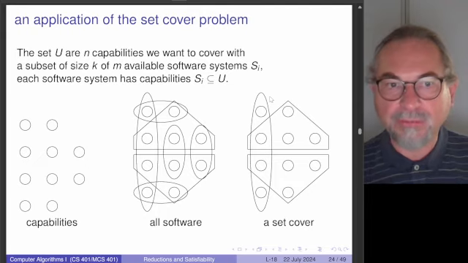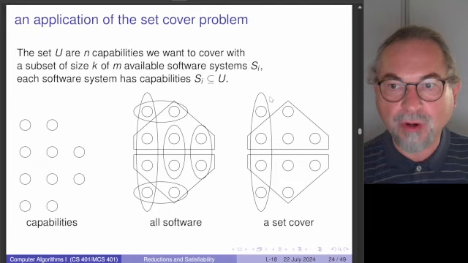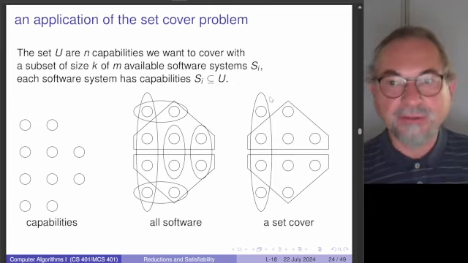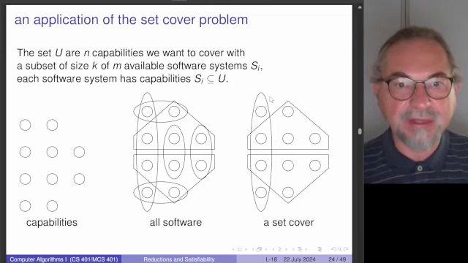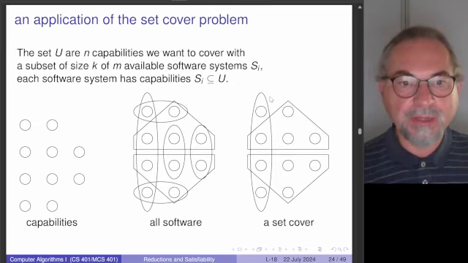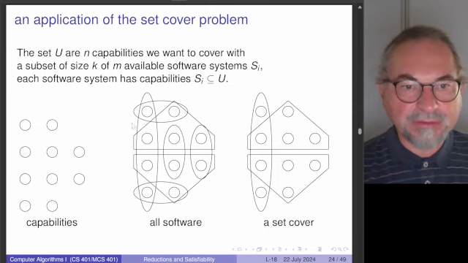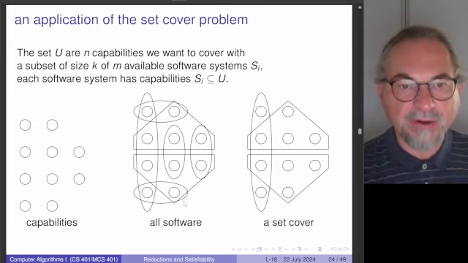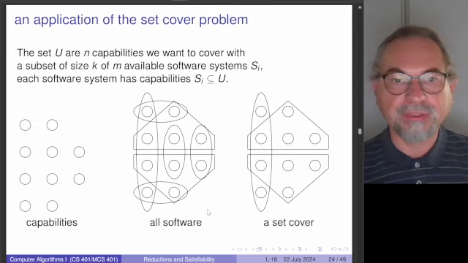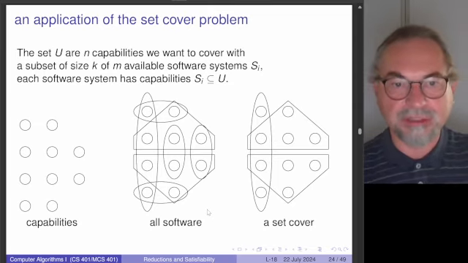Assume that you have a number of capabilities that you want to cover. There are certain tasks that you need to be able to do, and you have software packages that have the capabilities for those tasks. Here we have 10 capabilities, and we have many software packages to choose from. All these software packages are represented by either the ellipses or the big polyhedral polygon shapes.